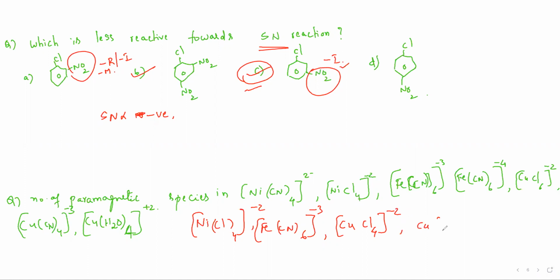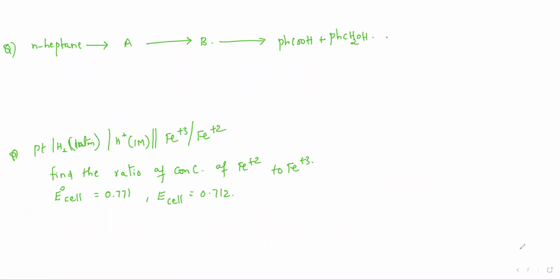And Cu(H2O)4 with plus 2. So these molecules are paramagnetic in nature. You can see the total of 4 molecules are paramagnetic in nature.